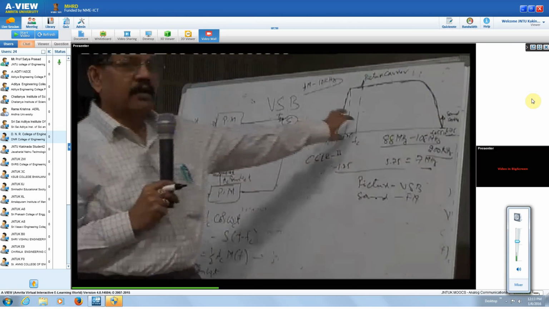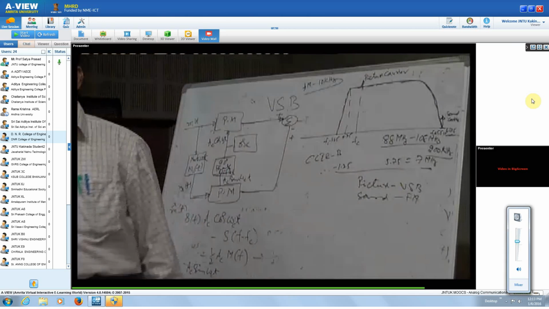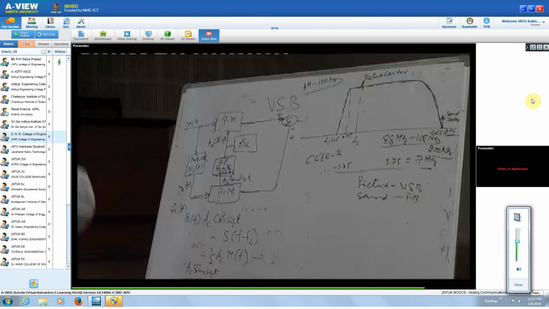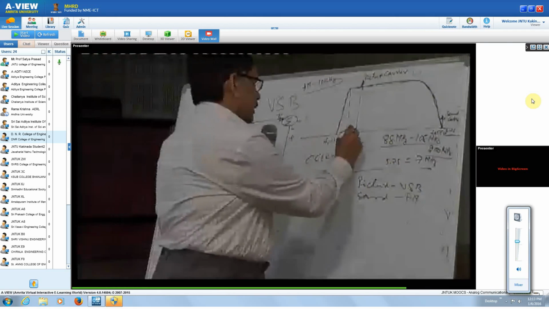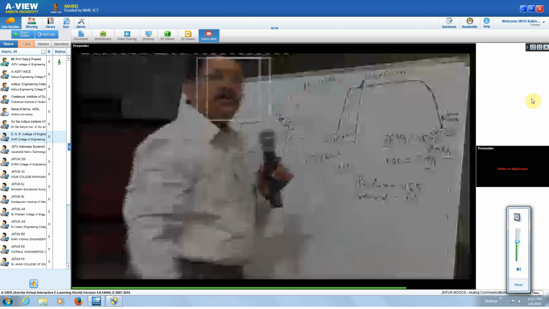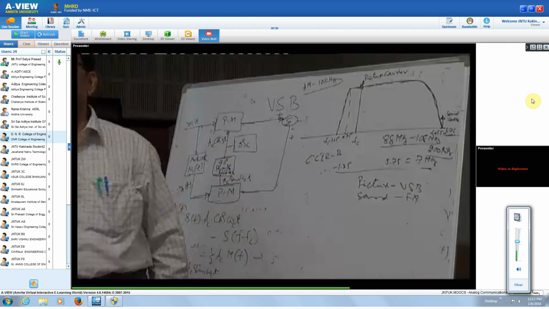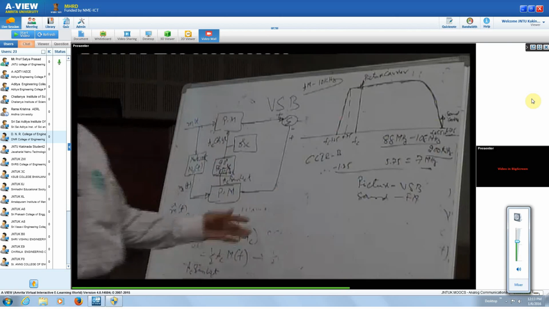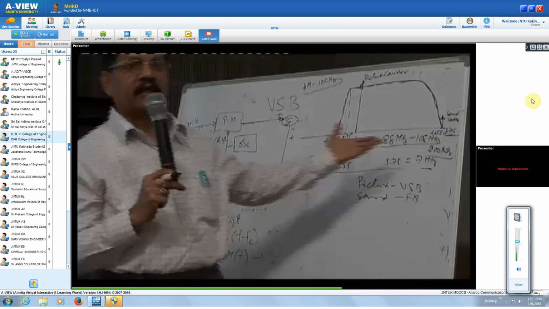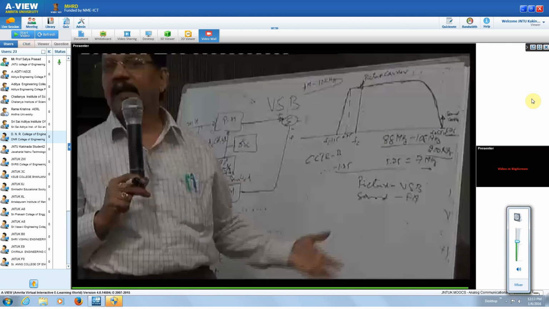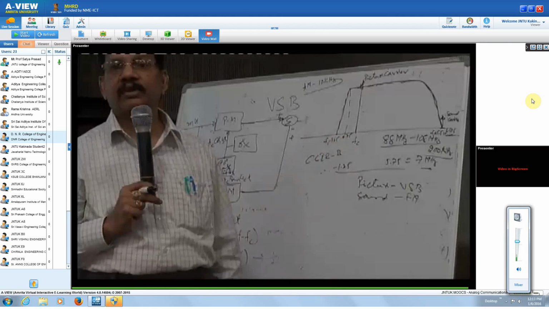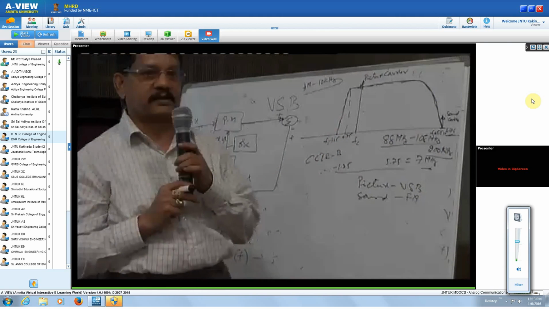Therefore, by going for VSB, we are going to have an envelope detector, because we have the carrier for both sound and picture carrier signals. And for your TV, we require this carrier also, because we have to transmit high power signals for longer distances.